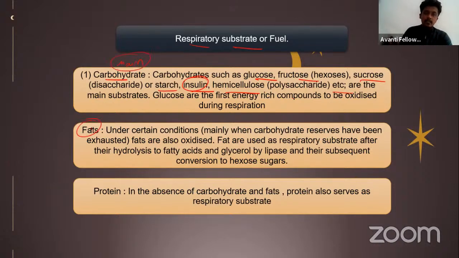Now coming to fats. Under certain conditions, whenever carbohydrate reserves get exhausted, especially when you're going for a lot of fasting, fat is also used as a respiratory substrate.